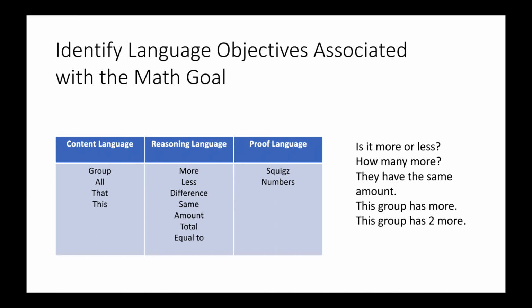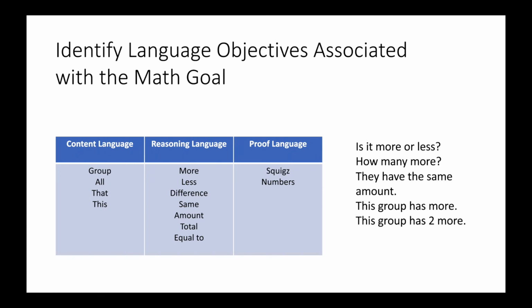So the words that we might use to talk about the manipulatives, to talk about the Squigs. So we could be saying like this group, that group, all of them, using those kinds of phrases, modeling that with POD. And then the reasoning language, making sense and describing what we're doing.